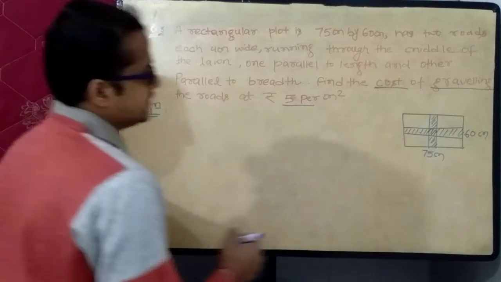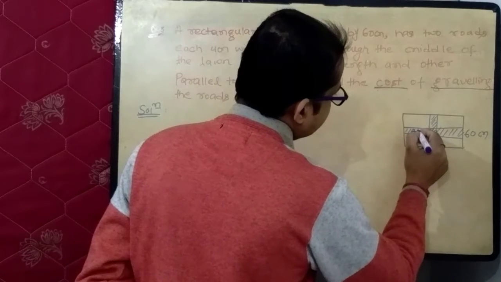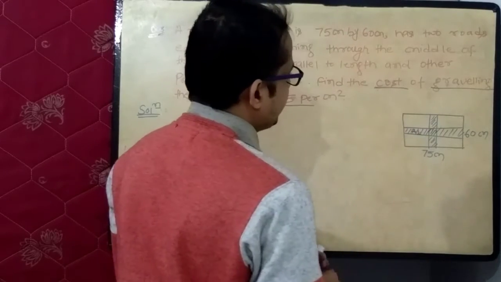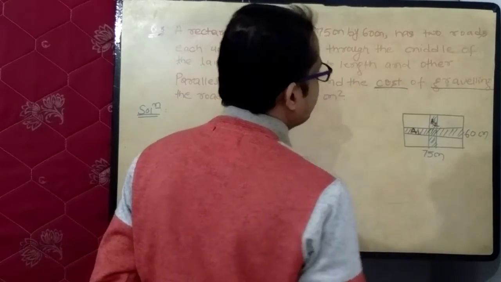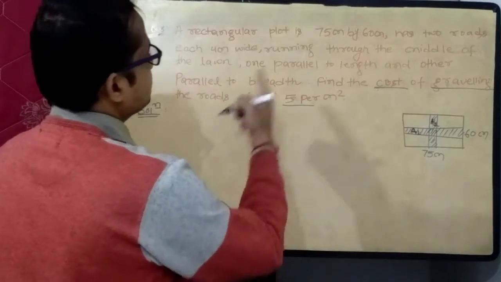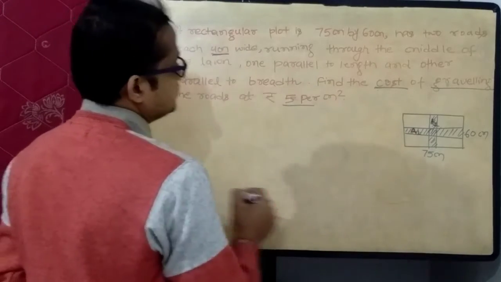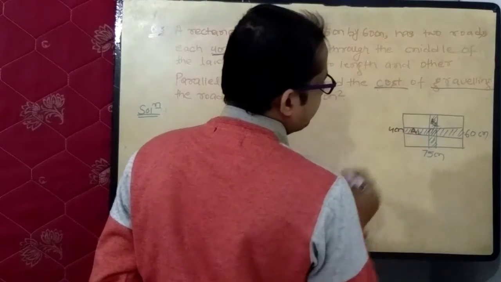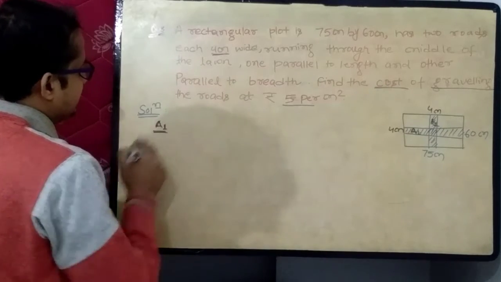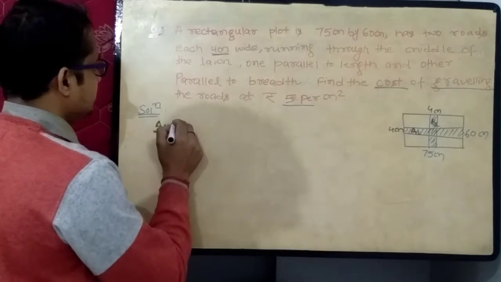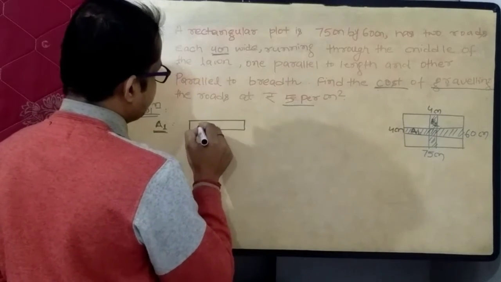So in order to calculate the area, suppose this is first road having area A1. This is second road having area A2. It is also given that the width of each road is 4 meter. This means 4 meter. This is also 4 meter. So in order to calculate area A1, first of all draw this figure.